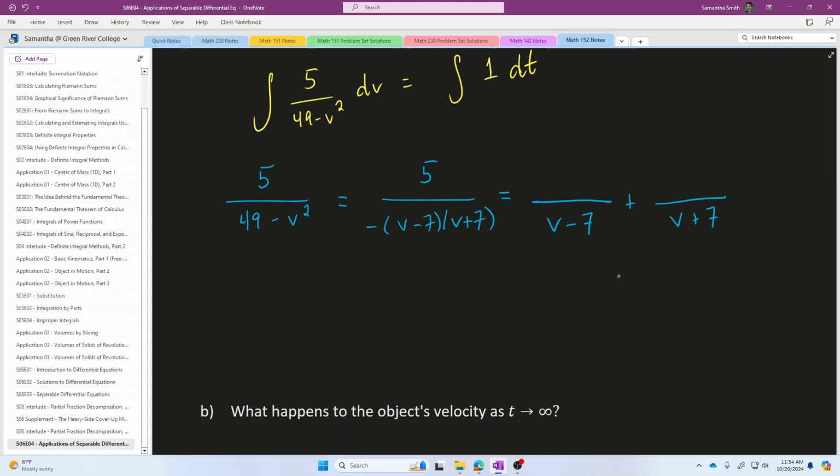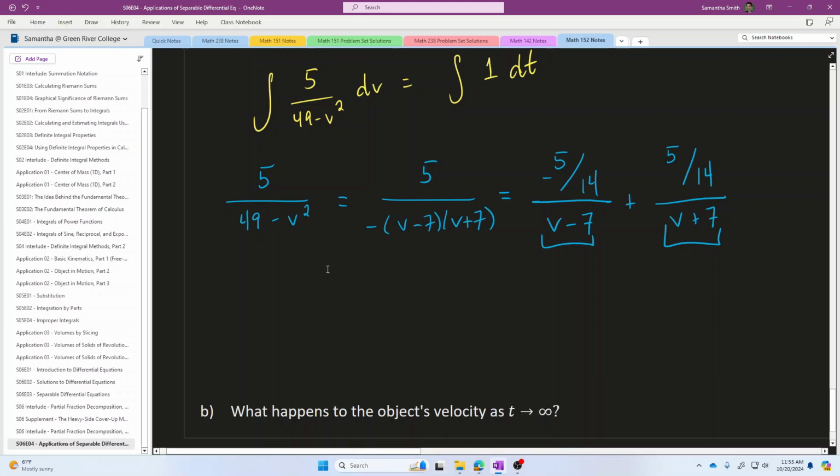Using the Heaviside cover-up method, if I plug in, for example, v equals 7 to the Heaviside, I get 5 in the numerator and then negative 14 in the denominator. And if I plug in v equals negative 7 to the Heaviside, then I get 5 in the numerator and positive 14 in the denominator.